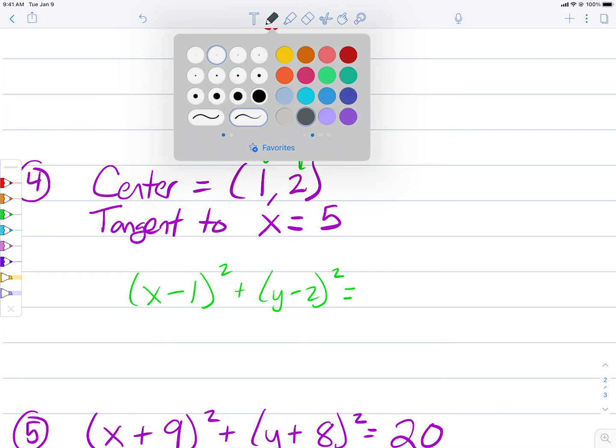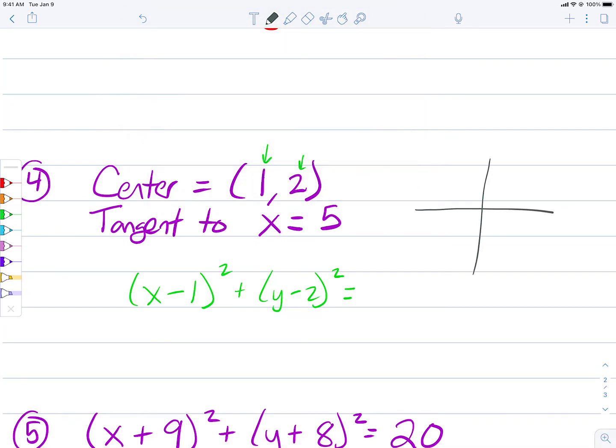So if you had a circle that was centered at (1, 2), so right there, and it was tangent to x equals 5, so 1, 2, 3, 4, 5, that means that there's this line that the circle is sitting up against. A tangent line basically means that it is crossing the circle at one point on its edge. So the circle is kind of like sitting on it, right?